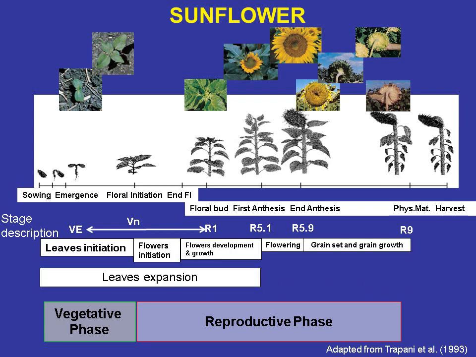The expansion of leaves overlaps the periods of leaves initiation, flowers initiation, flowers development and growth. Flowering is represented by the anthesis period, which proceeds from the peripheral area of the head towards its center.